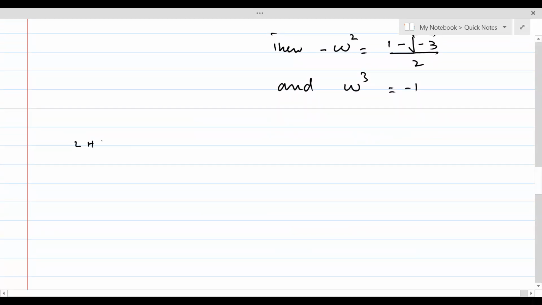Left hand side is equal to ((1 + √-3)/2)^9 plus ((1 − √-3)/2)^9.